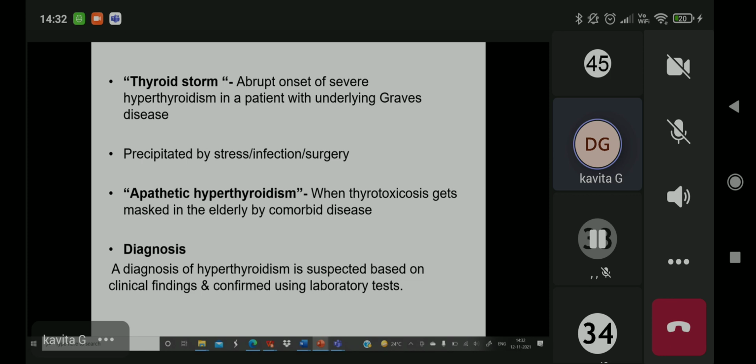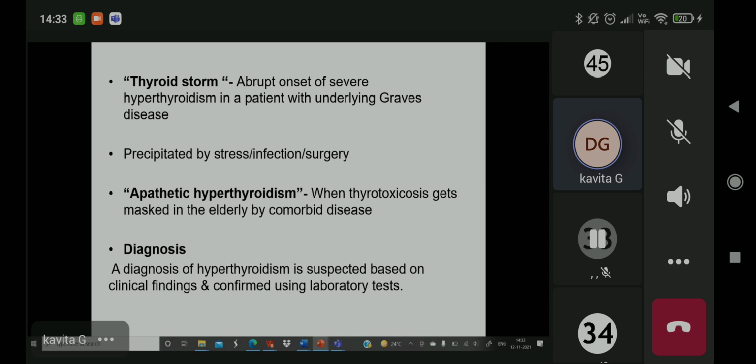Now, what is the thyroid storm? It is basically an abrupt onset of severe hyperthyroidism in a patient with underlying Graves' disease. So suddenly the patient has come with all these complaints and it is very, very severe, precipitated by stress or infection. And on the other hand, there is a term called apathetic hyperthyroidism.